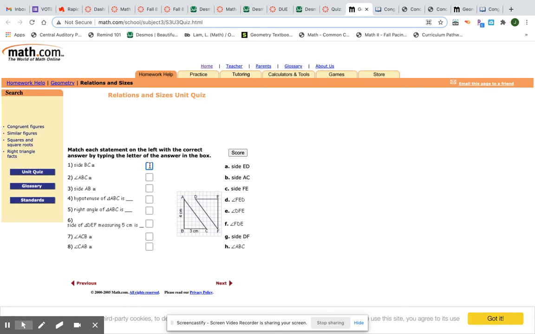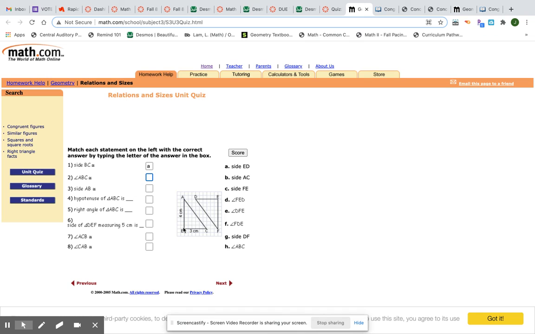So that would be an A there. Let's see if we can just put an A in there. See how that works. Here's angle ABC. And that corresponds with angle FED. Okay, because they said A. Then they went down this long side here that is 4 units long, not the diagonal one.